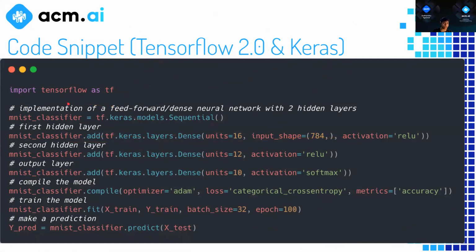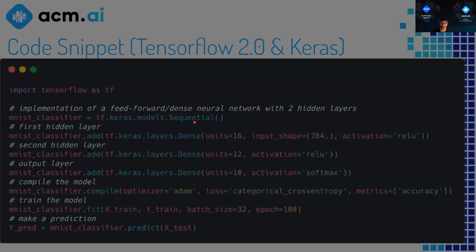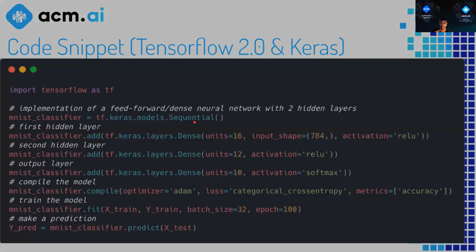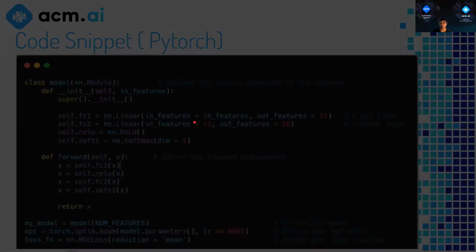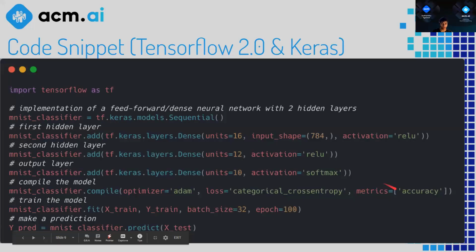So to get started, we have this library called TensorFlow. And what we do is we define a model as a sequential model. What does sequential mean? It means layer one, layer two, output. So there's a sequence. It's literally that simple. We define a sequential model. We add a layer with 16 neurons. We add a layer with 12 neurons. Add a layer with 10 neurons. So again, very intuitive.